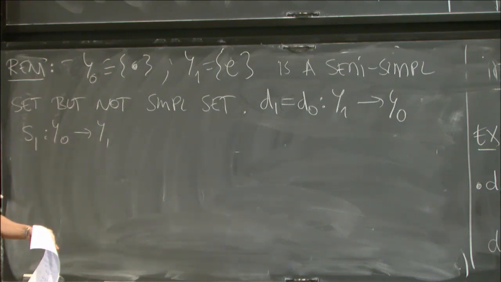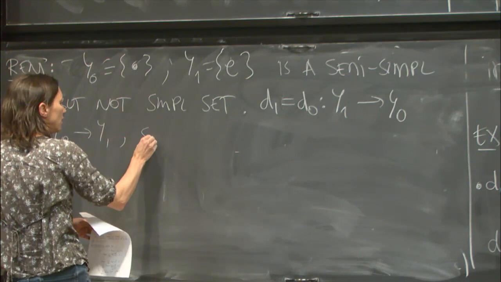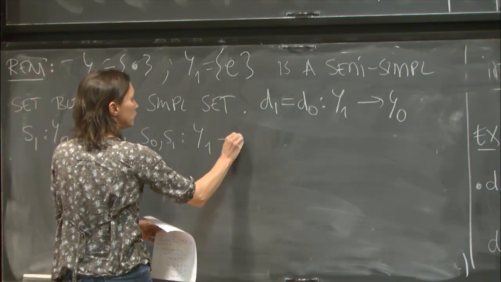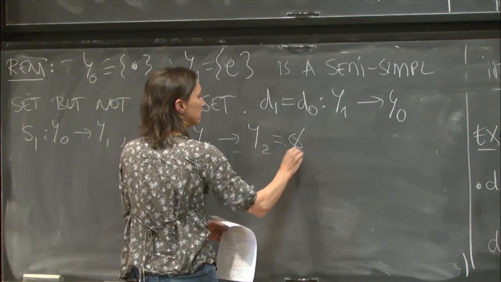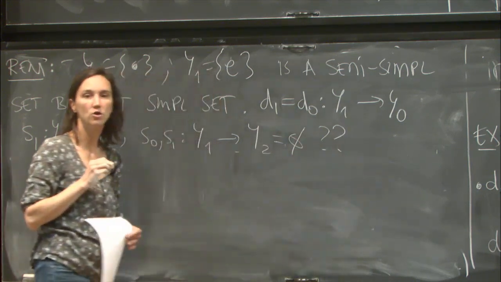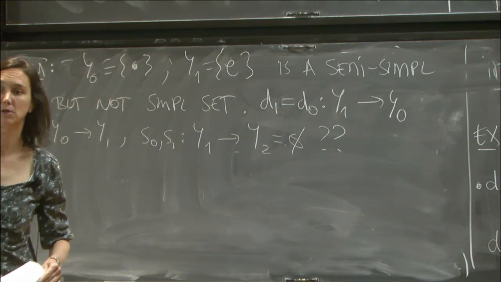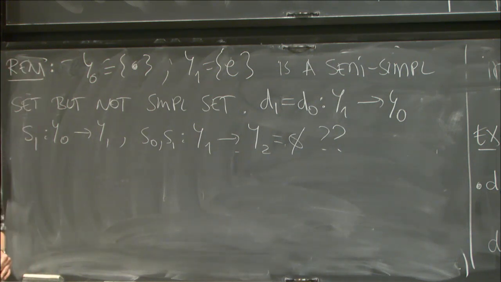That's a unique map, no problem. But what about S0 and S1 from Y1 to Y2, which is empty? No map to the empty set. So simplicial sets are such that if one guy is non-empty, everybody has to be non-empty because I have maps in all directions. So either it's the empty simplicial set or it's non-empty in every single dimension.